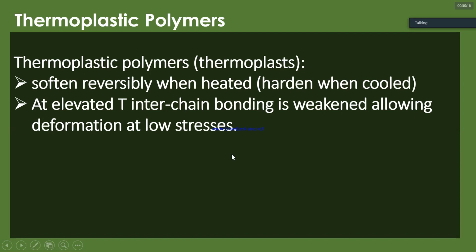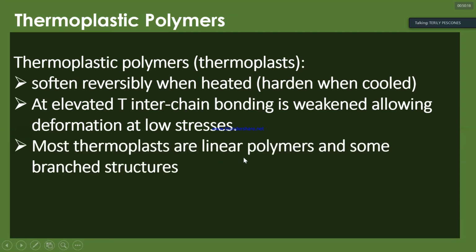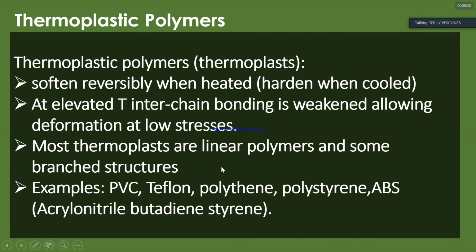Okay. And then, so most thermoplasts are linear polymers and some branch structures. Diba na ano natin yung kanina, linear. We have the linear, the branch, and the cross-link. So next is examples of this thermoplastic. We have PVC, Teflon, polystyrene.